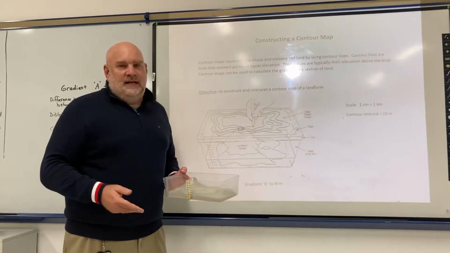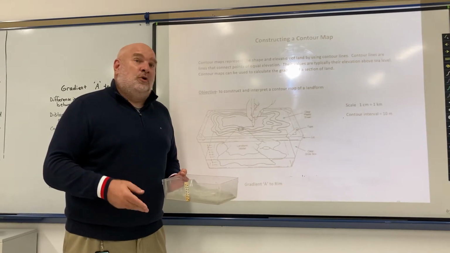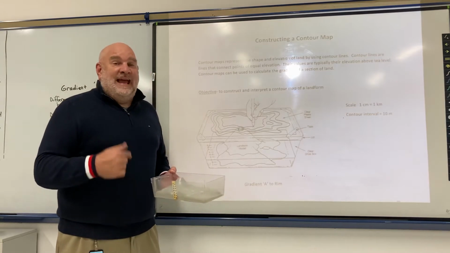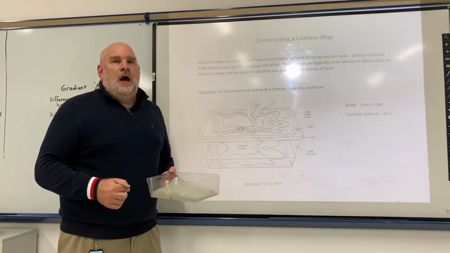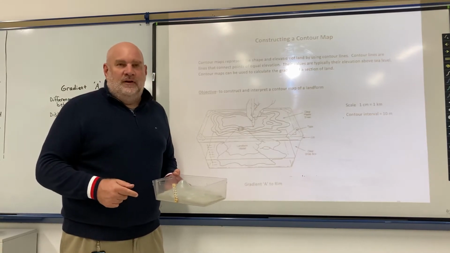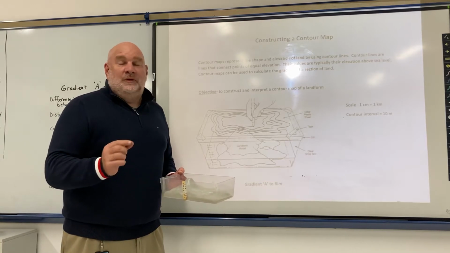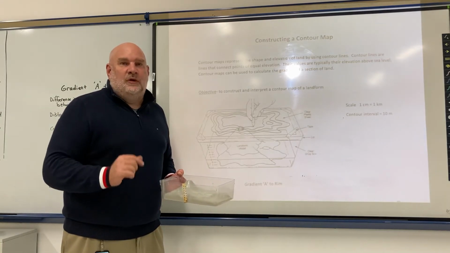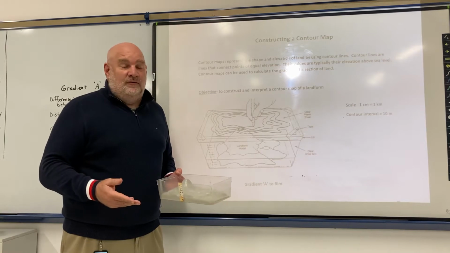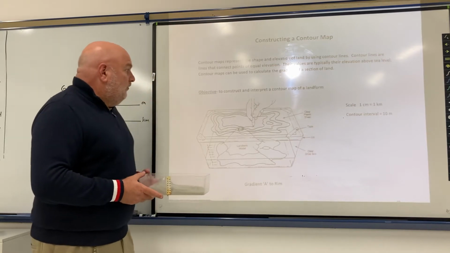Once we complete it, we're going to use our contour map to calculate the gradient of each side of the mountain and see what the relationship is between how close contour lines are together and the value of gradient.